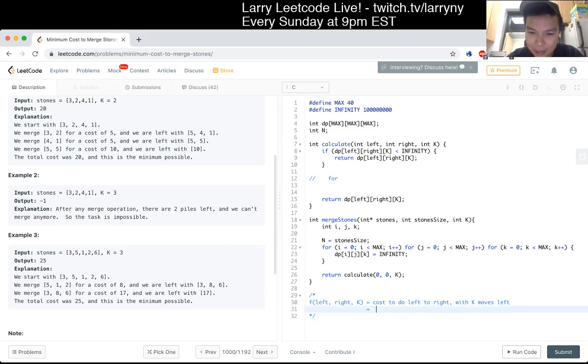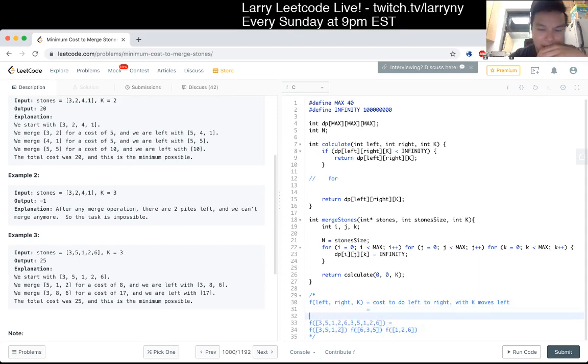What are the subproblems? I have trouble adding the K part in. What does K mean? Not K moves, but K as part of the merge. What does that mean?